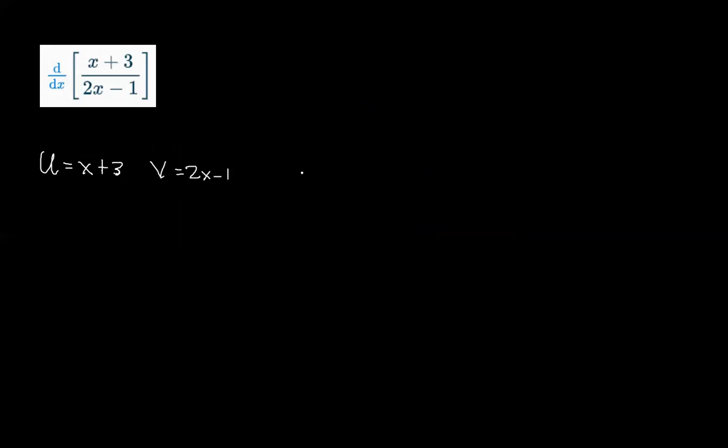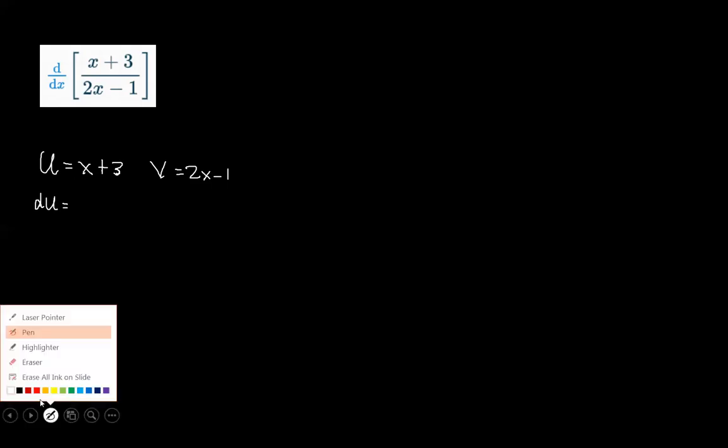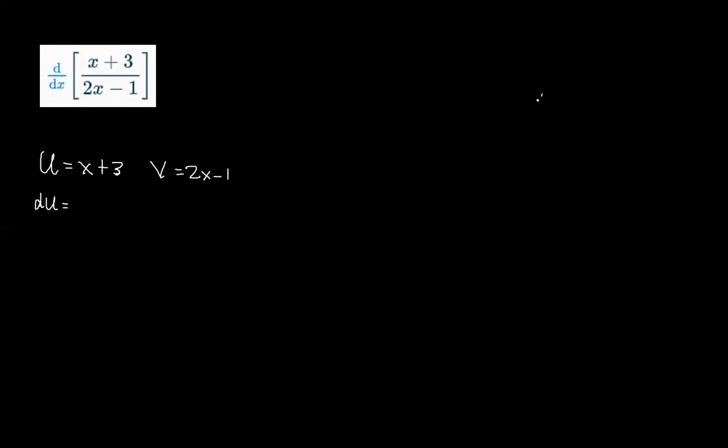Now, what we're going to do is we're going to get the derivative for each of the letters. Okay? So, let's get the derivative of your u. So, how can we get the derivative of x plus 3? So, for the x, if you recall, the derivative of x, you can either use the power rule of differentiation, wherein if you're going to differentiate a variable that has an exponent, just simply bring down the exponent, copy the variable, and then the exponent you just brought down will be subtracted by 1.